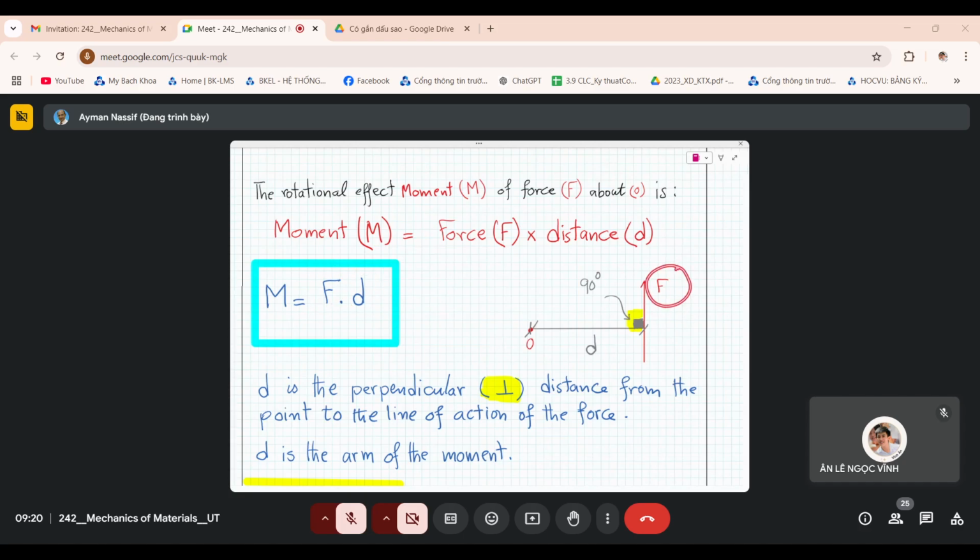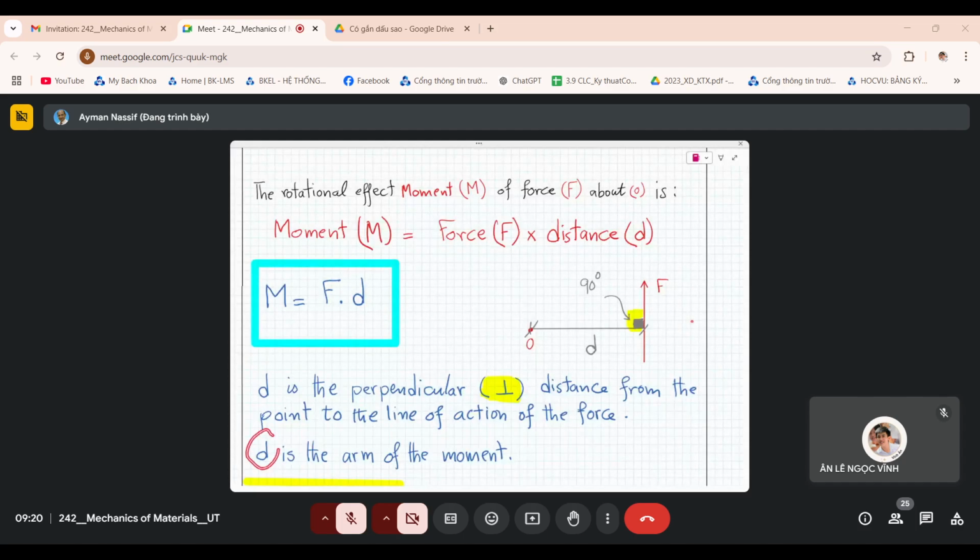F is the force, D is the distance between the line of action of the force and the point, but this distance must be the perpendicular distance from the point to the line of action of the force. So if you want to calculate the rotational effect of F about O, you must find this precise distance D, which is the perpendicular distance between point O and F. Okay?